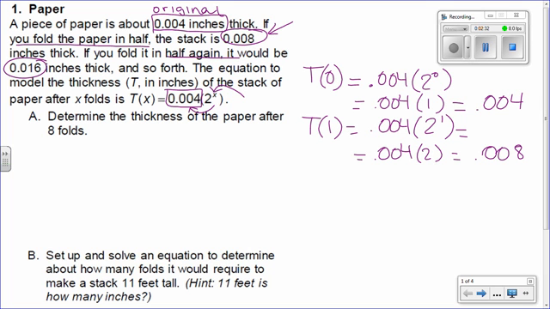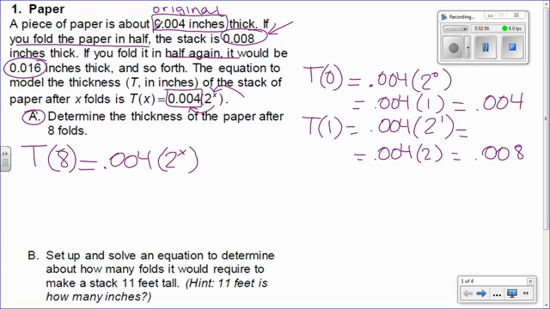Now, let's look at the questions. It says here, determine the thickness of the paper after 8 folds. So what we're going to find is the thickness after folding the paper 8 times. We're going to use the equation given to us: 0.004 times 2 to the power x.